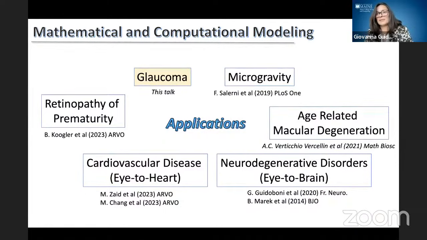So basically, the point is that when you focus on physiology, then physiological and non-physiological changes affect many disease processes. And so today I will focus on glaucoma, which is the disease we focus the most on. But as a group, we have been working on several other conditions that I would be very happy to describe in a separate talk.